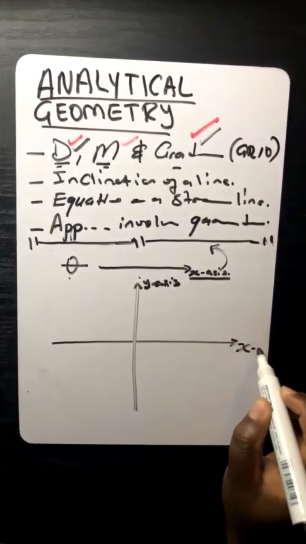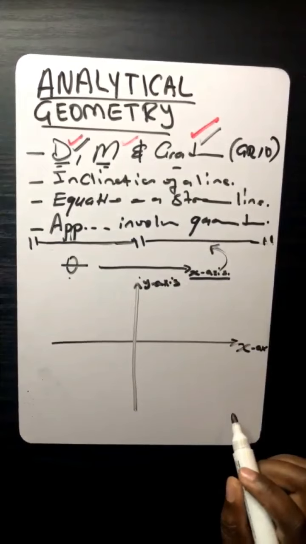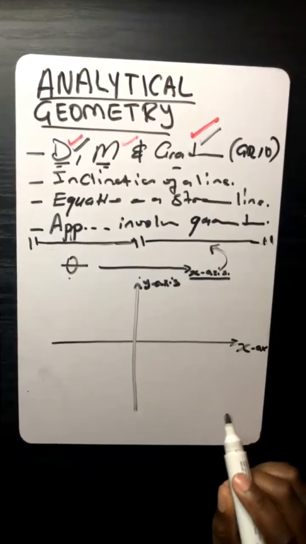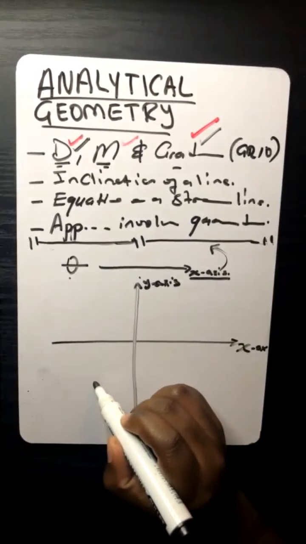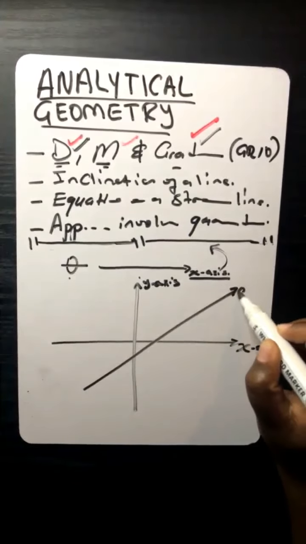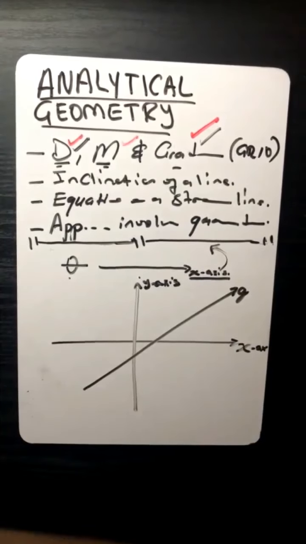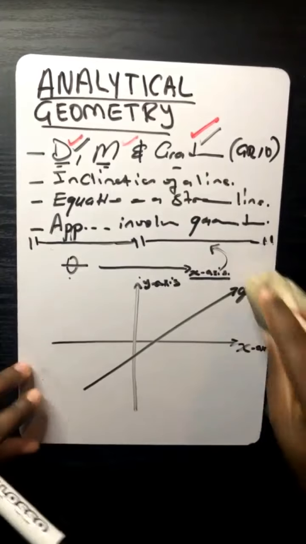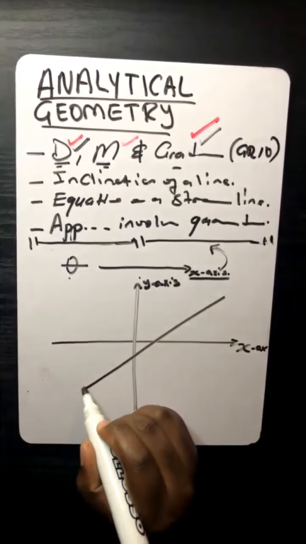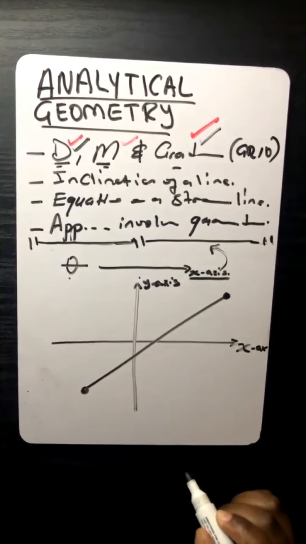We call this a Cartesian plane. That's where we normally draw functions or straight lines. So let's make a drawing. Because we are dealing with analytical geometry, it won't be a function, it's just going to be a straight line between two points. Very, very much important, ladies and gentlemen.